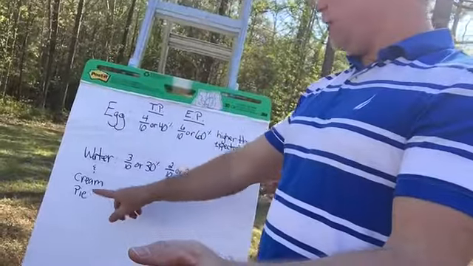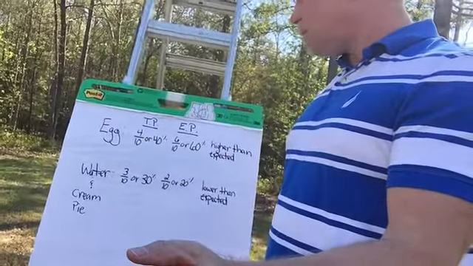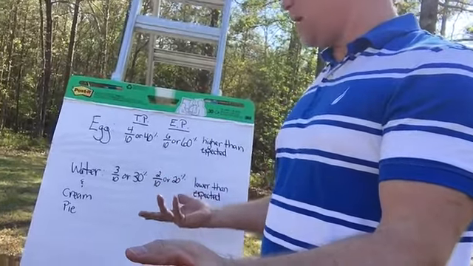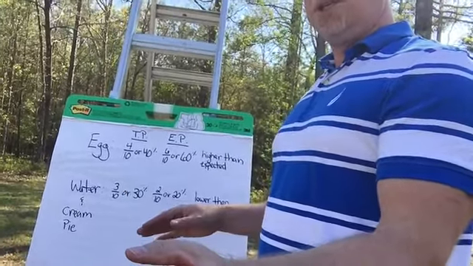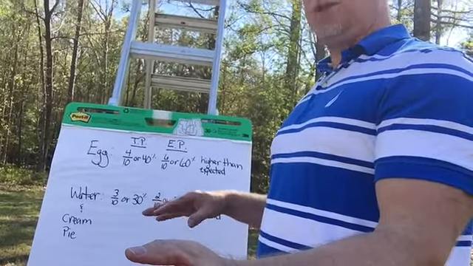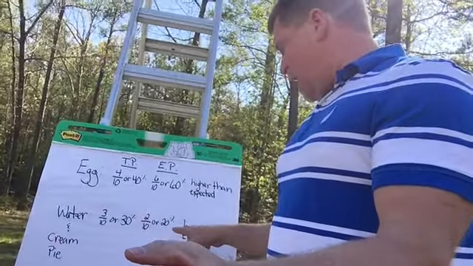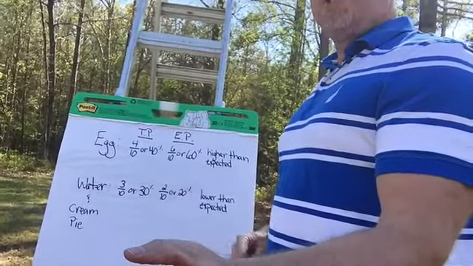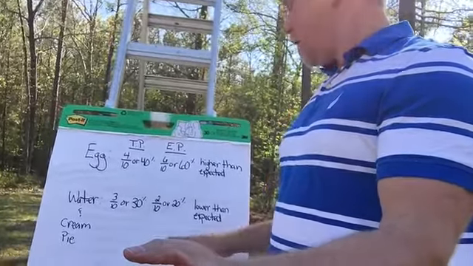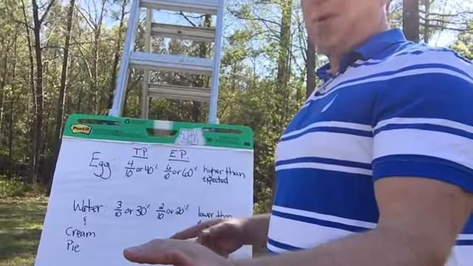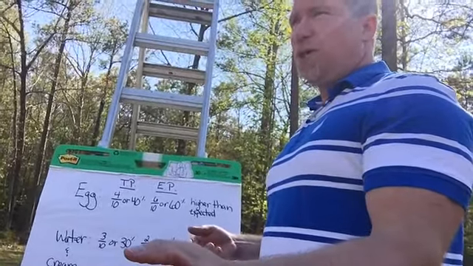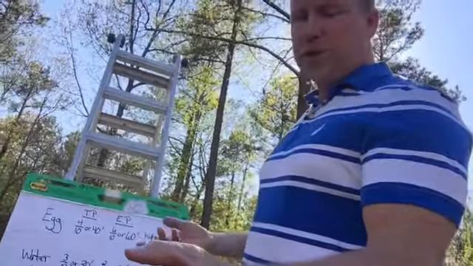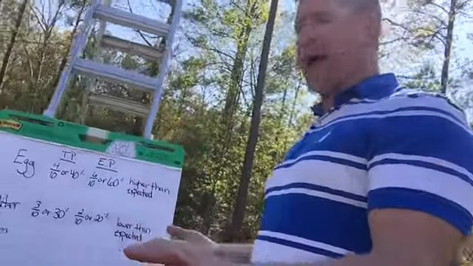And then if you take a look here at the water and the cream pie, both of those we expected to turn out about 30% of the time, or 3 times each for being drawn out of the box. We ended up in our experiment, out of the 10 times, only getting each one of those twice. So they both came out to be 20% of the time, which was 10% lower than we expected. We expected it to be closer to 30%, and it was lower than that.